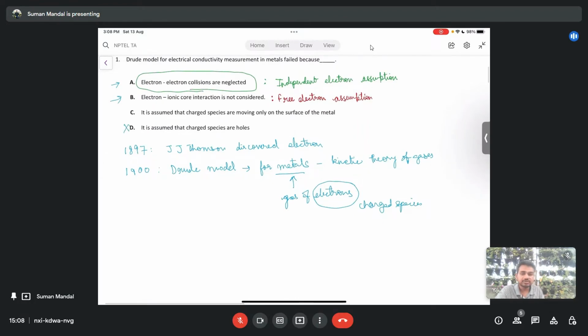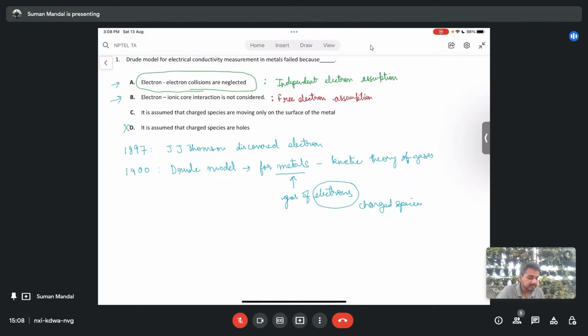And when it comes to option C, since it's a gas of electrons, it was considered that in the entire solid, each atom can give out an electron, which was called the valence electrons, and these valence electrons were later called the conduction electrons.